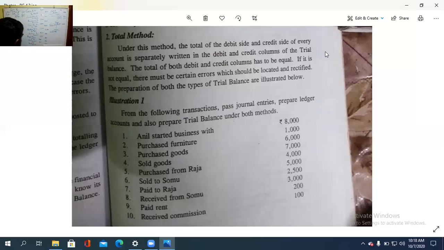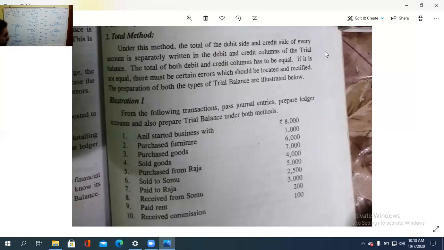Okay. Then cash account debtor to Somu. How much? 3,000. Okay. Then cash account debtor to Somu, and Somu is by cash 3,000. Okay. Then rent account debtor to cash. So another account, rent, and another account, commission.